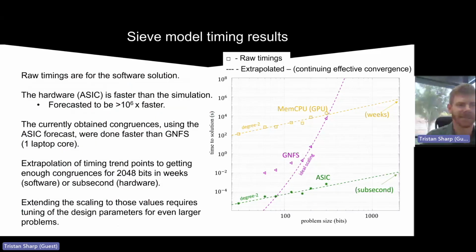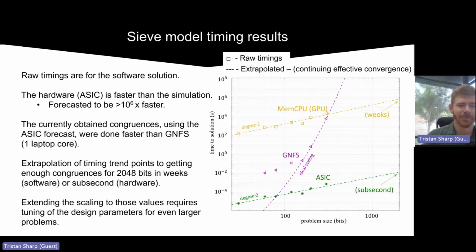We can say that for the simulation it extrapolates to weeks. Now recall, these are for the software solution. The hardware solution is faster than simulation, and the forecast is 1,000,000 times faster because you're not simulating it, you actually have the hardware.